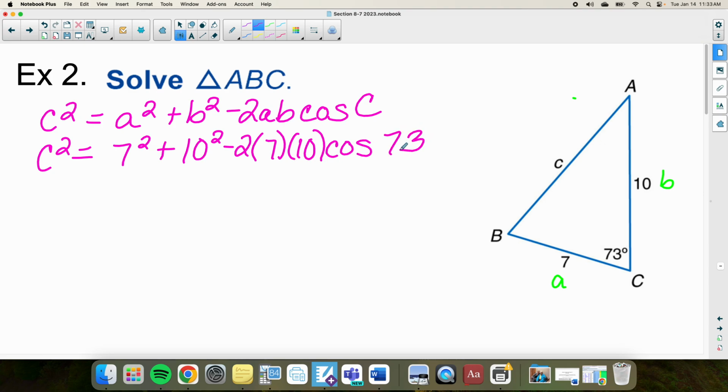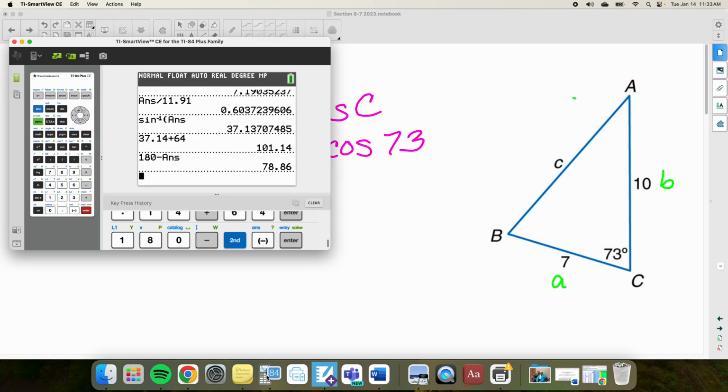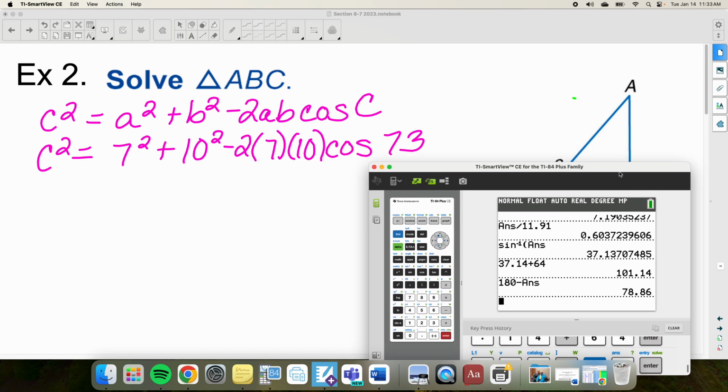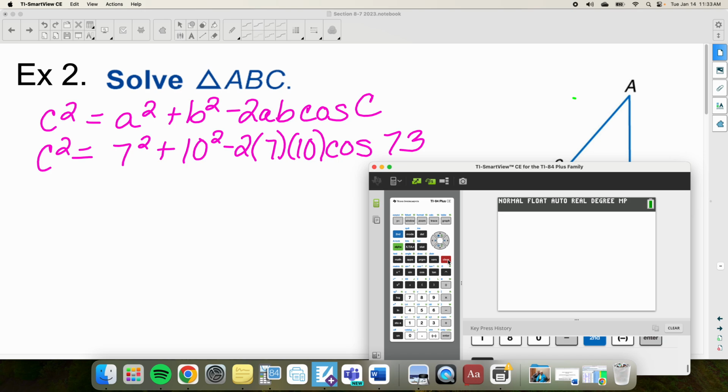Now we're going to type that into our calculators. And by the way, guys, today, if you get an error message, that means you did something wrong, so you have to go back and look at how you punched something in. For this, we're going to go 7 squared plus 10 squared minus 2 times 7 times 10 cosine 73.